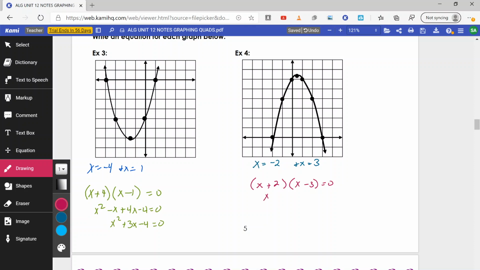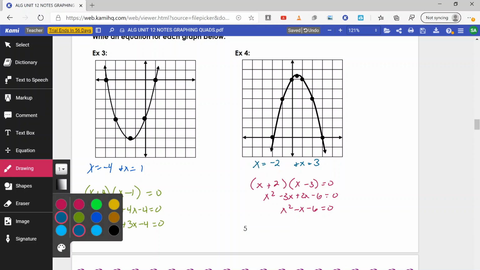We distribute, so we have x squared minus 3x plus 2x minus 6 gives me 0. Combine our like terms, so we have x squared minus x minus 6 gives me 0. So there is the equation that we have to deal with. Now the last thing we have to determine is whether we're opening up or opening down. In this case, we're opening down, so this means my leading term has to be negative.